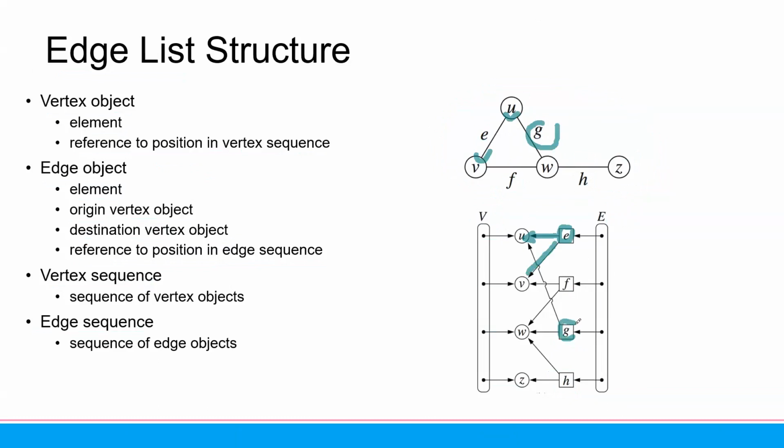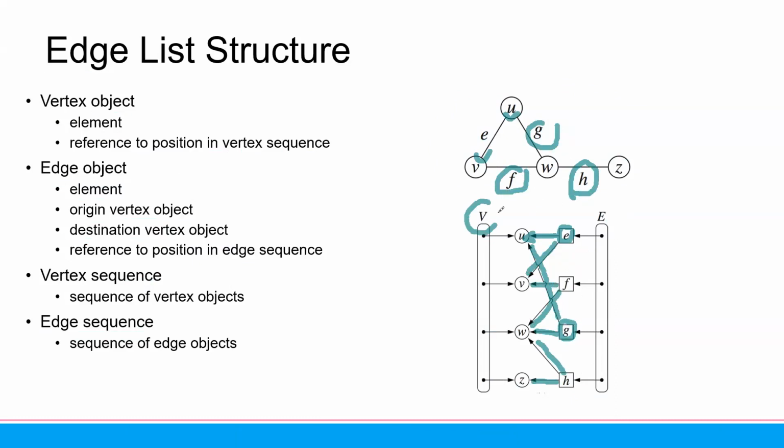G is an object that is connected to U and W. F is an object to connect between V and W. And H is an object that is connected to W and Z.